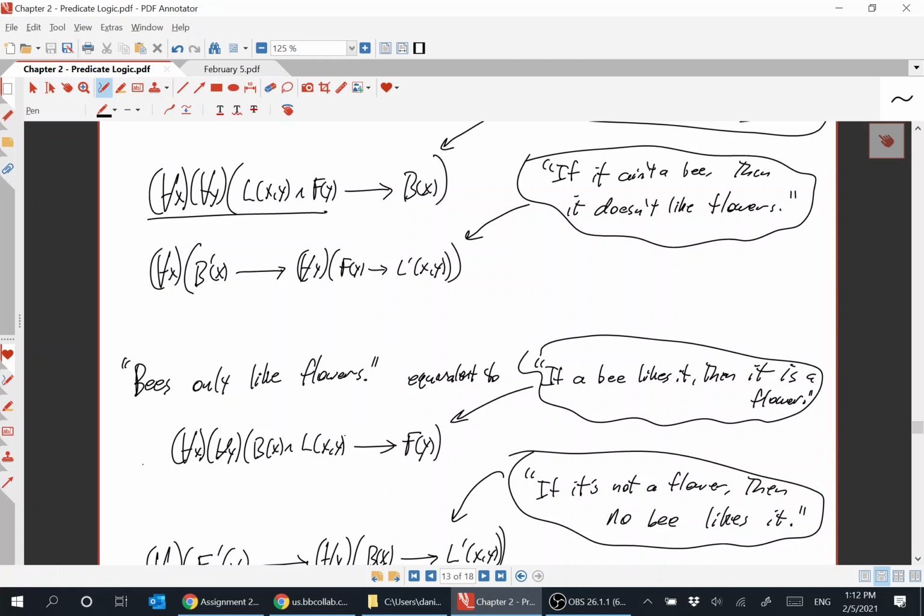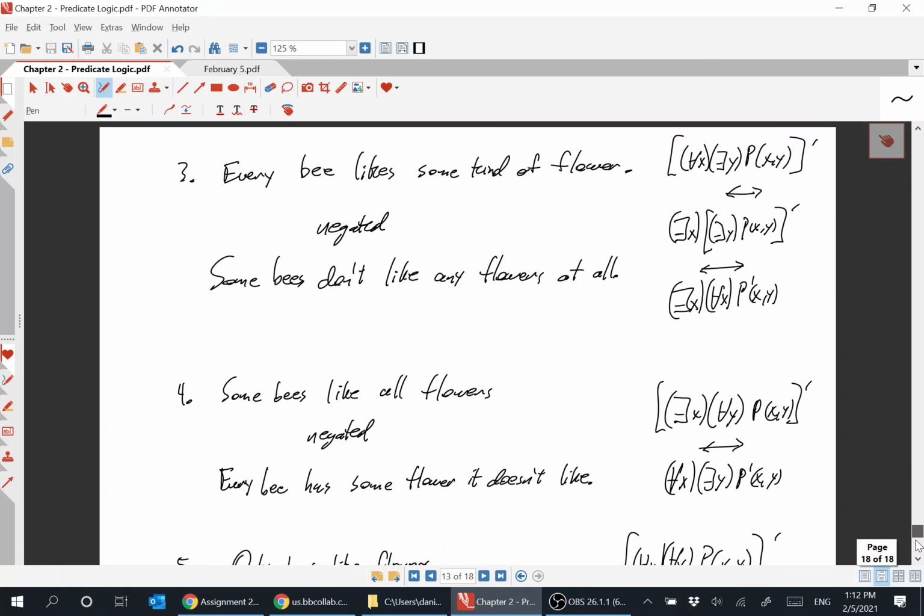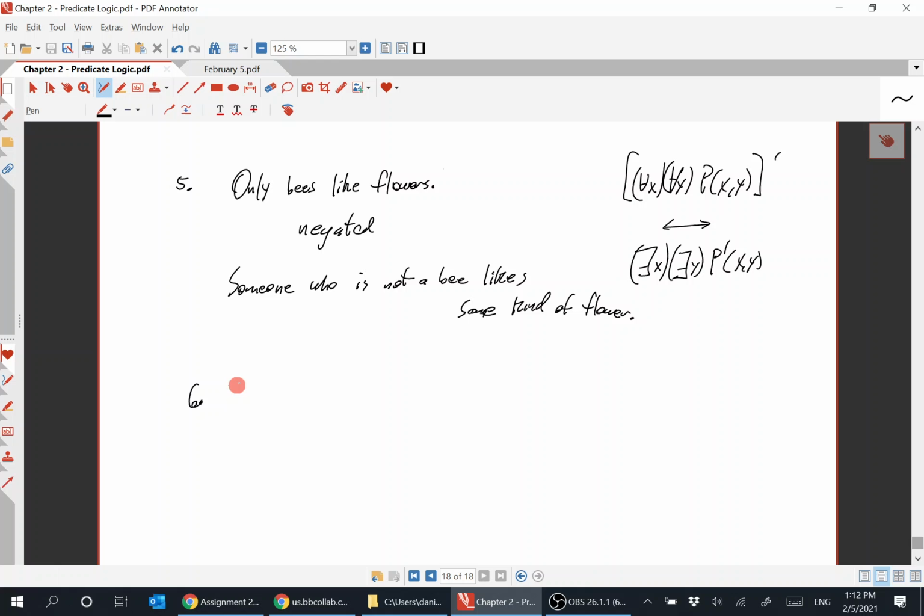Bees only like flowers. So that was again a universally quantified statement.